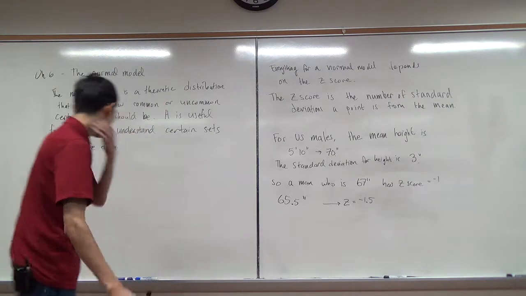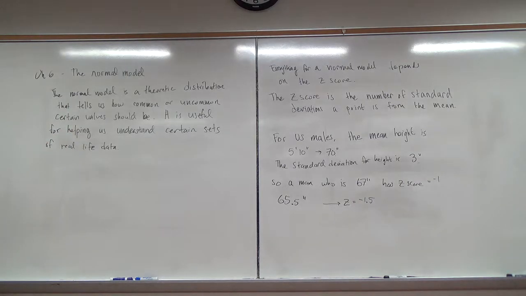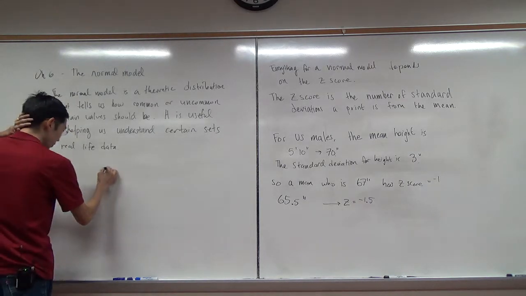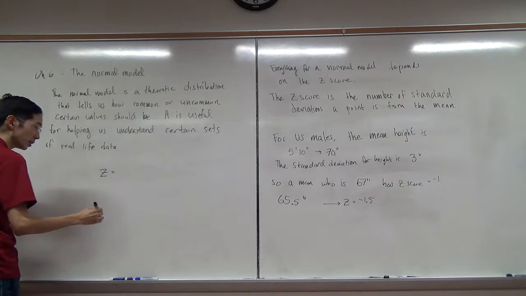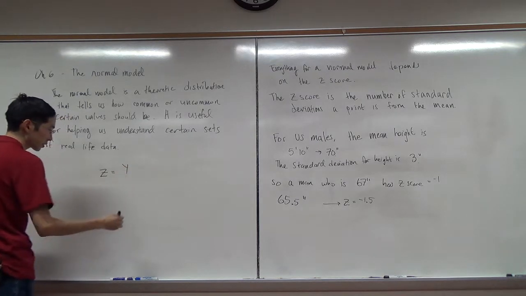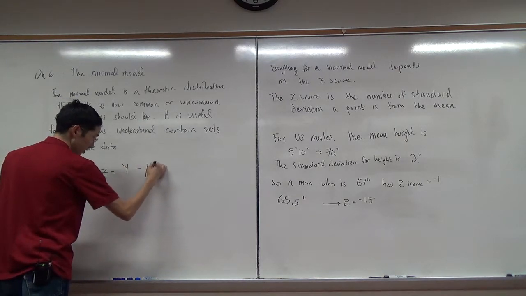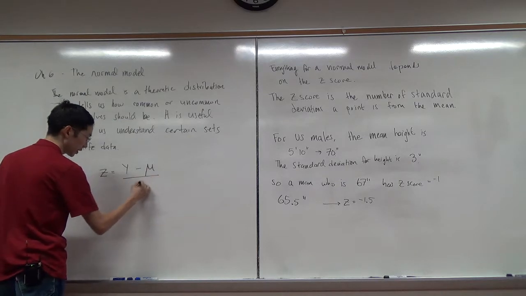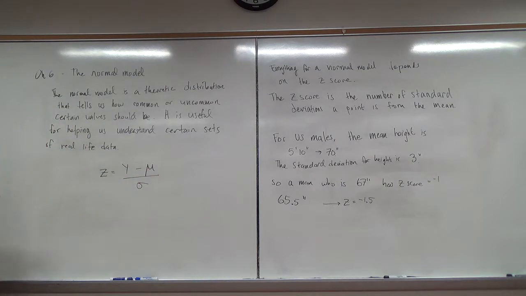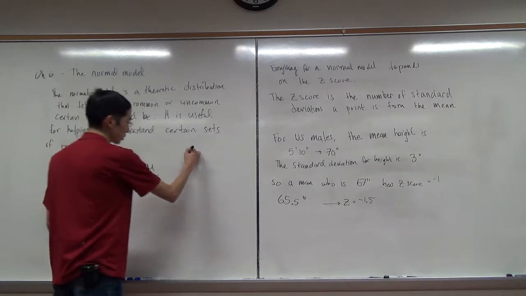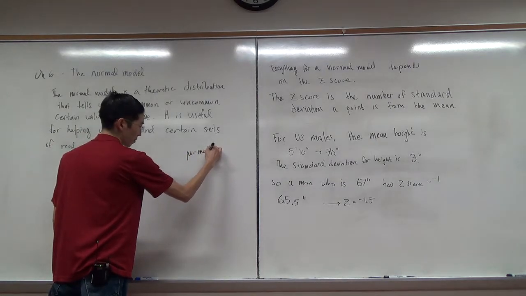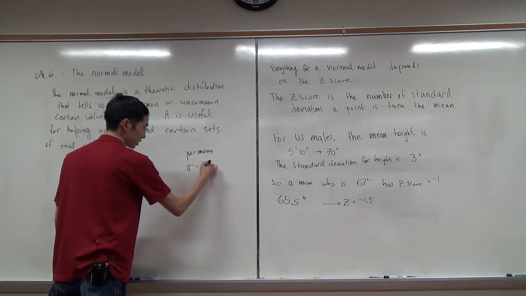All right, and so what you guys have been doing, but I'll put in formula form, is that z is equal to whatever your point is minus the mean and divided by the standard deviation. Okay, so where mu is the mean and sigma is the standard deviation.